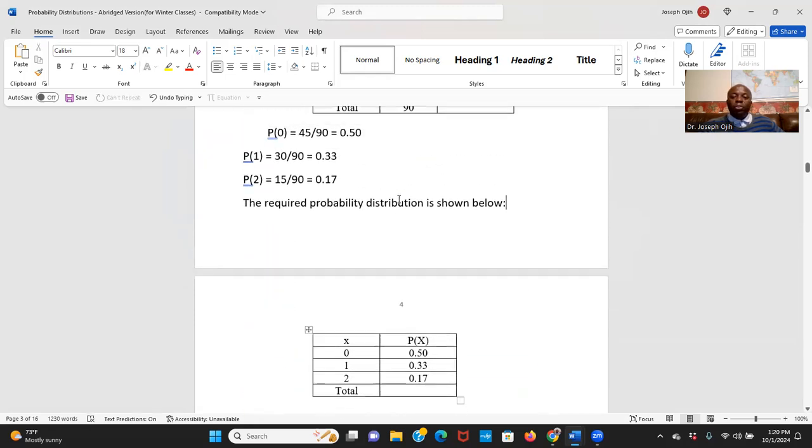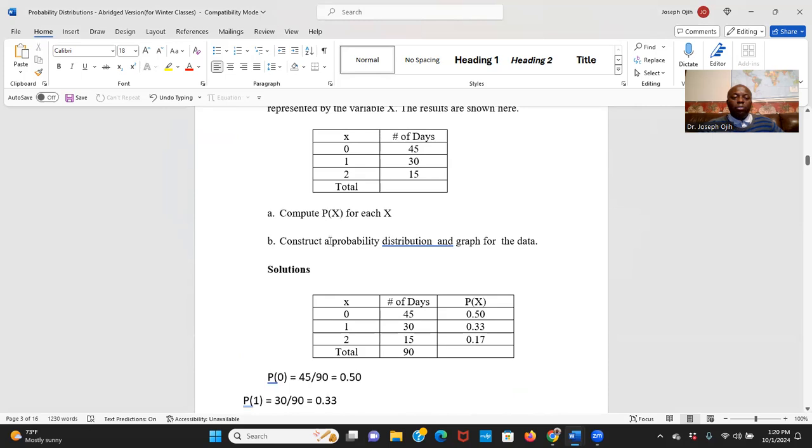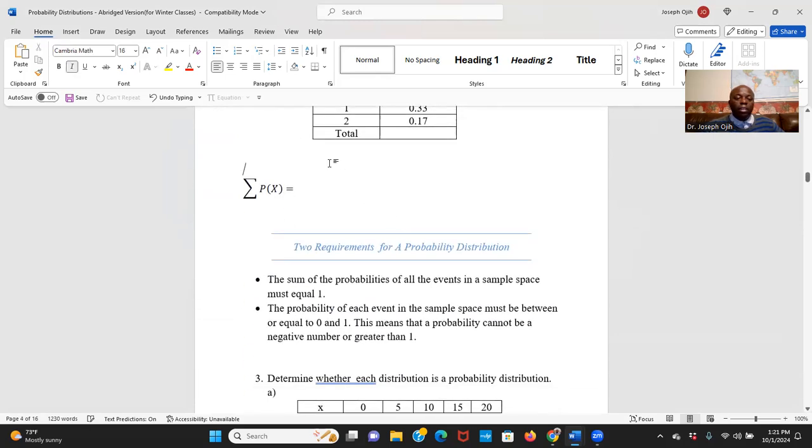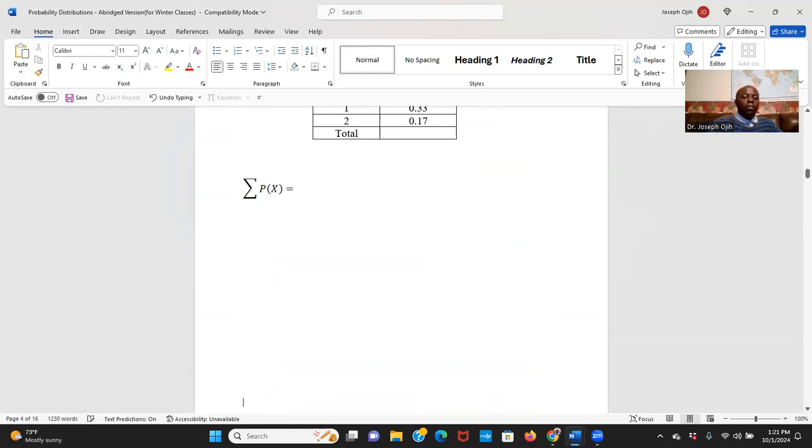But we're not done yet, because it says construct a probability distribution and graph the data. So let's graph it. I'm going to put the graph here.